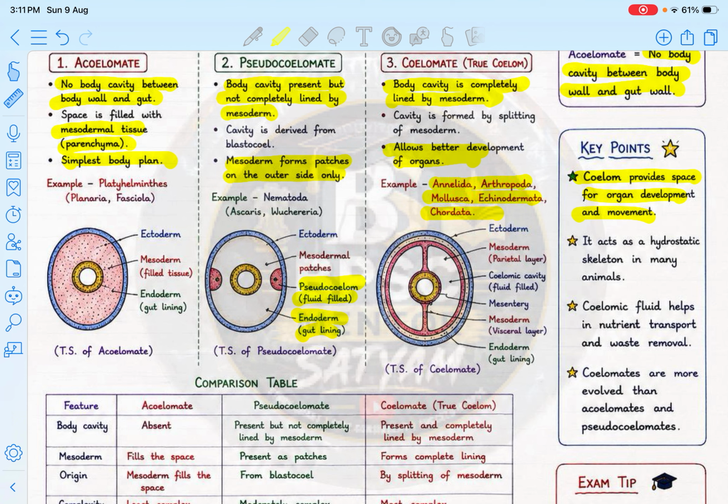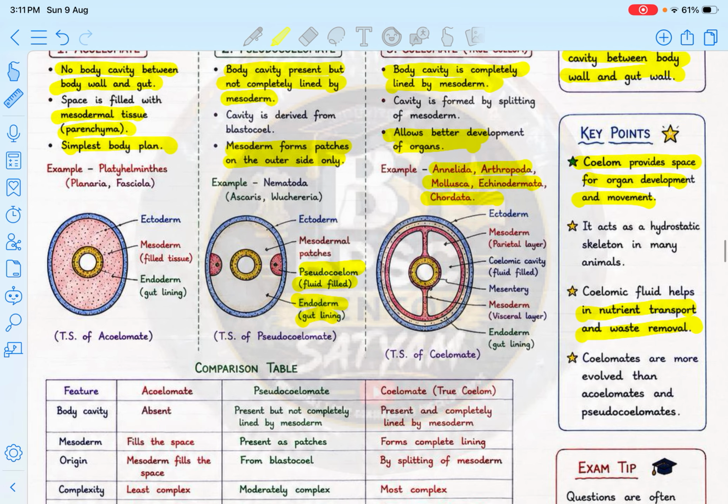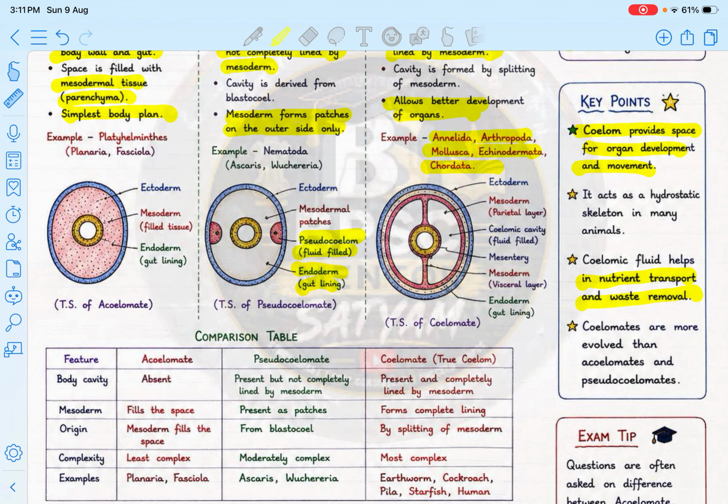It acts as a hydrostatic skeleton in many animals. Coelomic fluid helps in nutrient transport and waste removal. Again, a very important point: why is there fluid? Coelomic fluid is there because it helps in the transportation of nutrients and waste removal also. And coelomates are more evolved than acoelomates and pseudocoelomates.